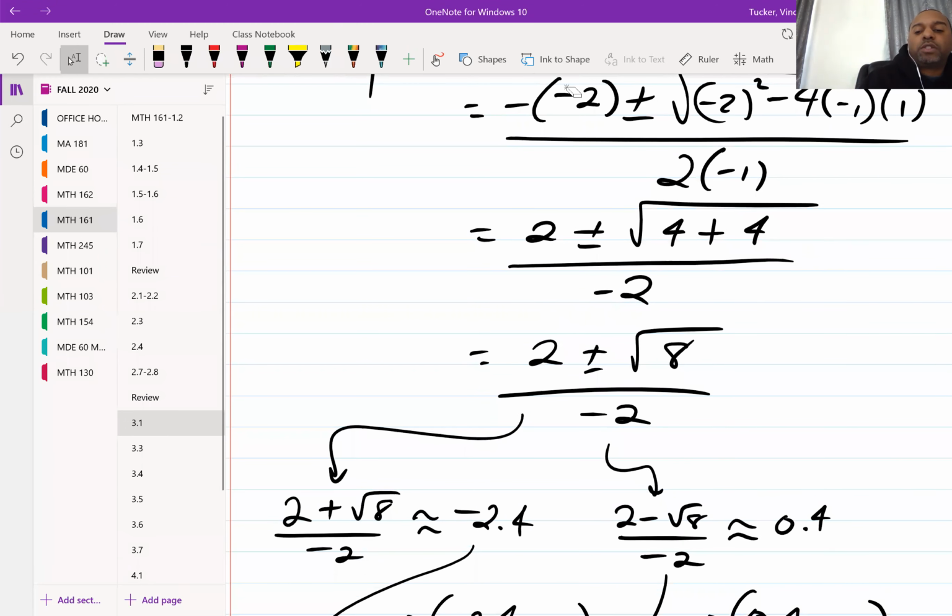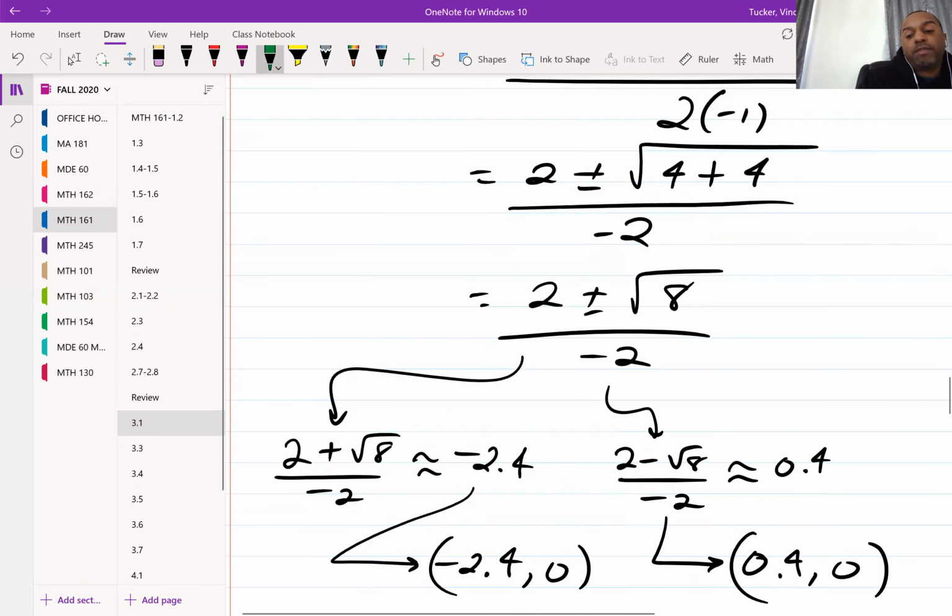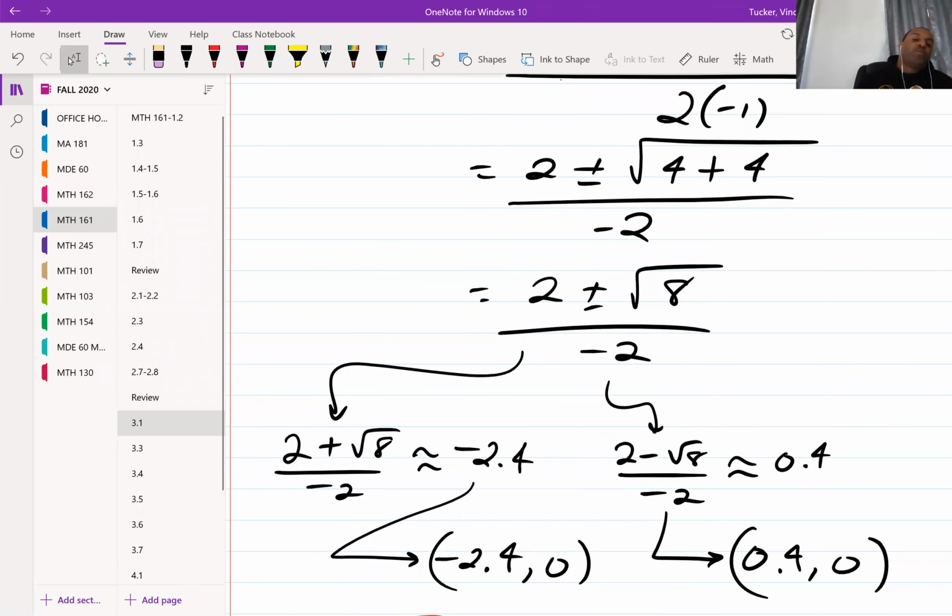So I just went ahead and turned those into decimals. I knew that it wouldn't reduce to whole integers, because remember we have to graph it, so we need a decimal value, some type of numerical value, so that we can graph. So that would be negative 2.40 and then 0.40.